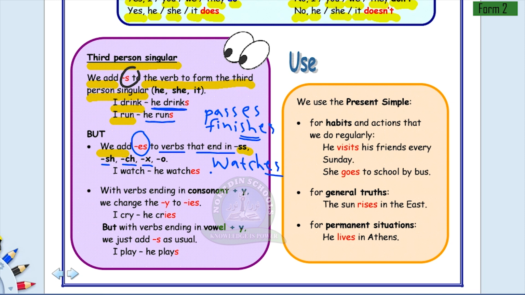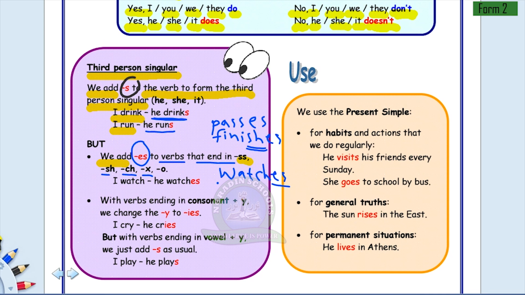For example, box. This is not a box that we put something in, but if you are very angry and you poke someone, you say he boxes. And finally, if the verb ends in o, we add es.